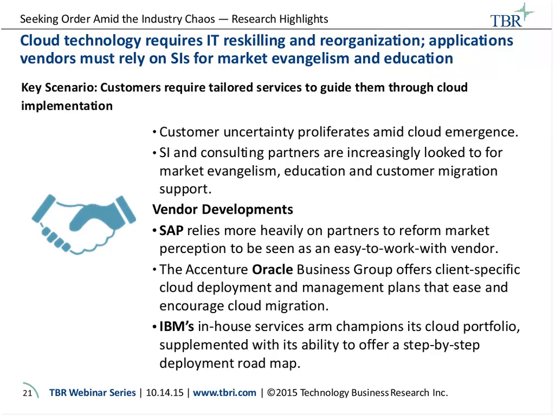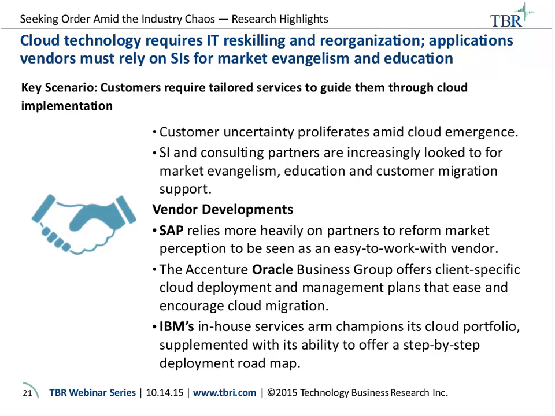A very different approach from SAP and Oracle, looking to outside services providers to support their own customers' migration and adoption, is IBM, who has a very large in-house services arm that's really looked to champion its own cloud solutions.